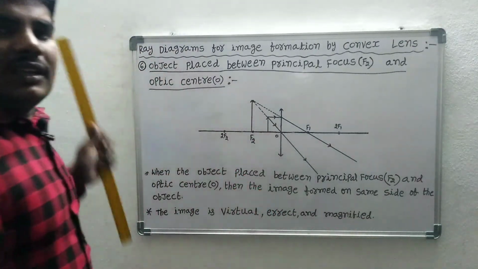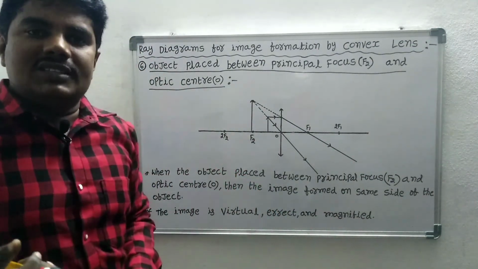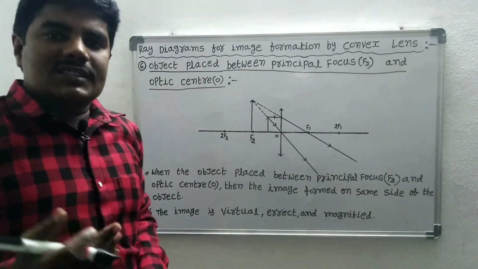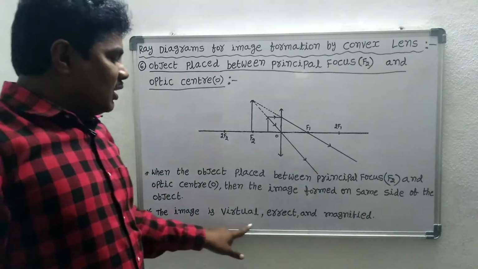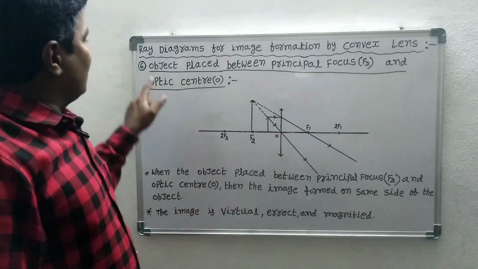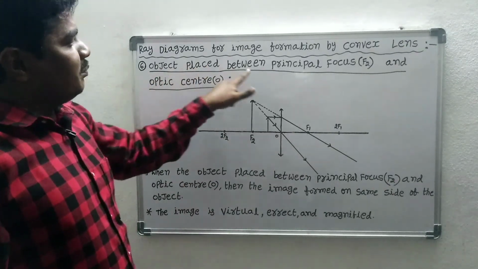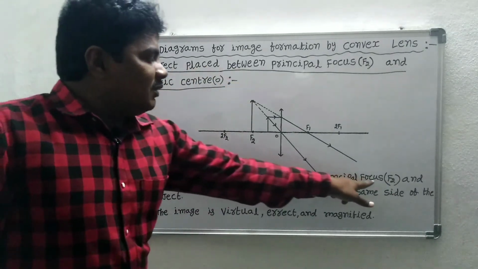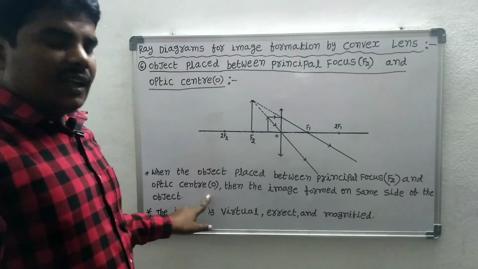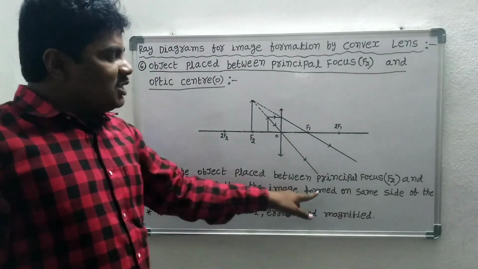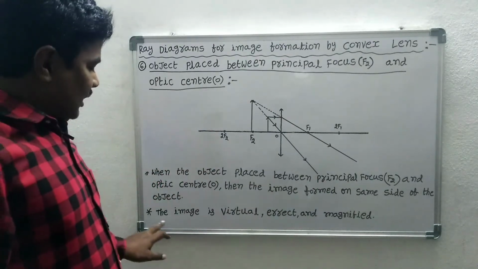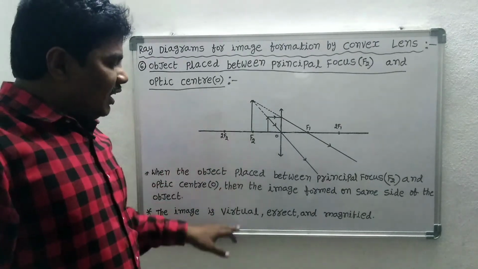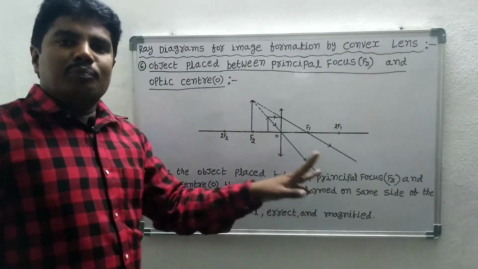Magnified means the size of the image is greater than the size of the object. So this is the nature of the image. When the object is placed between principal focus and optic center, then the image is formed on the same side of the object. That image is virtual, erect and magnified.